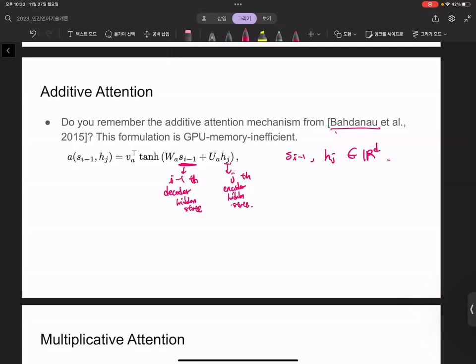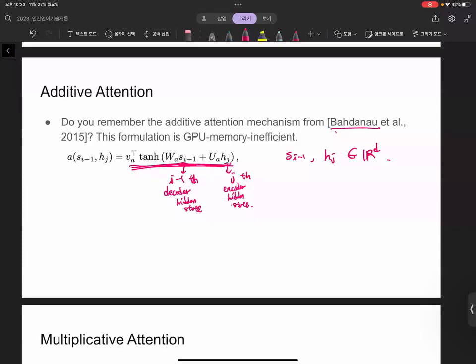And if we use the batch dimension, we want to compute this attention in a parallel way, so we have to use multiple inputs, and then this will be a matrix or tensor, right?